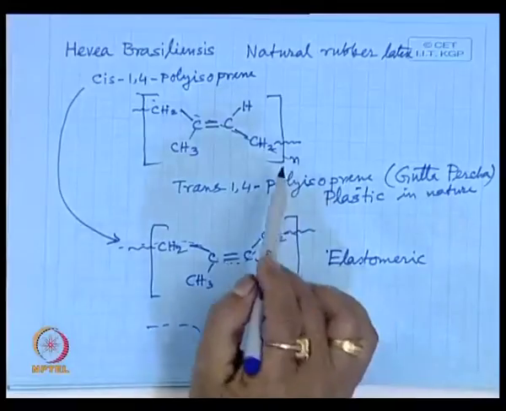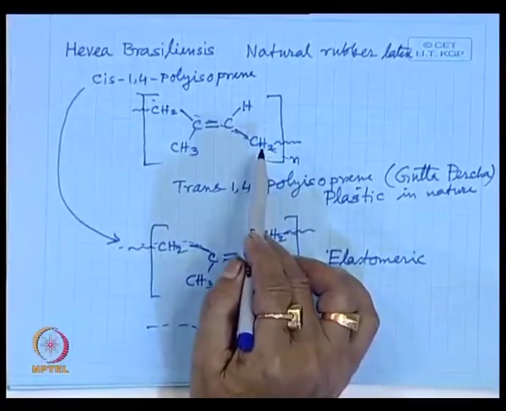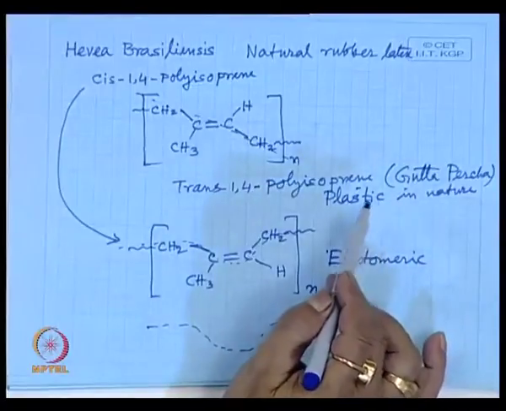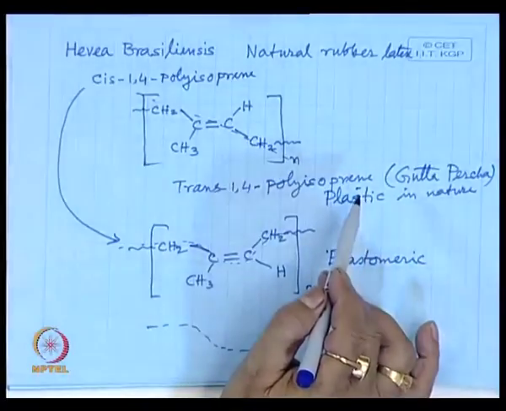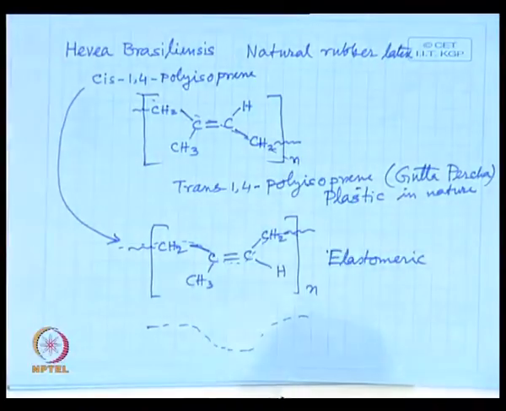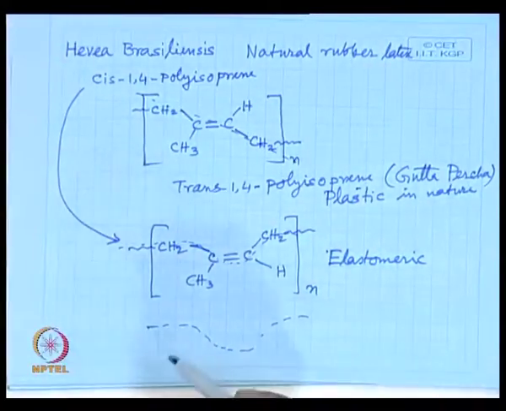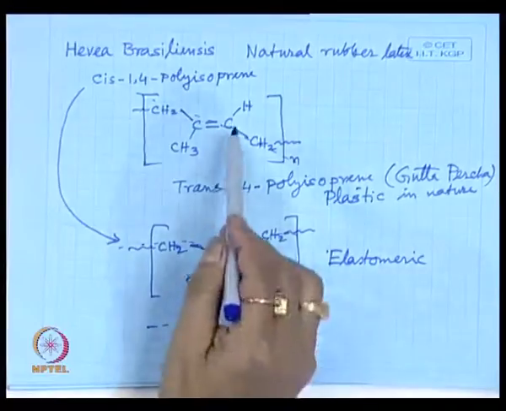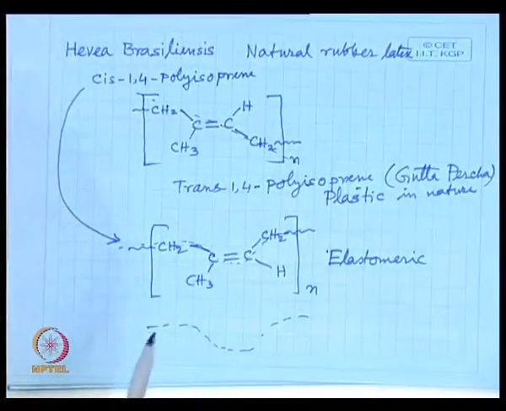So it leads to higher molecular packing, so it gives a plastic type of material, whereas this is elastomeric. Now, you will understand the details of this later. It is a little difficult to understand from the molecular configuration why we call this elastomeric and this a plastic, but I have just mentioned it.